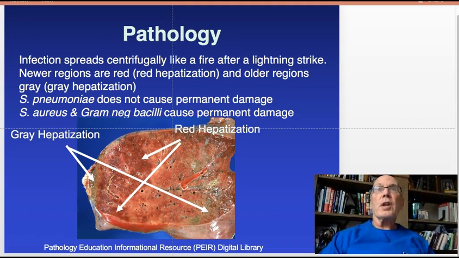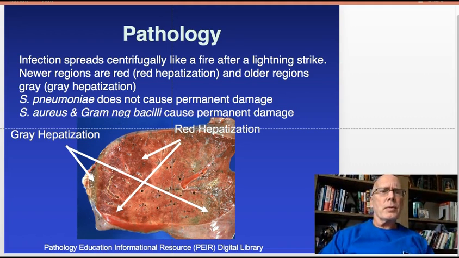New regions of infection appear red, termed red hepatization, due to the infiltration of white cells and red cells. Older regions appear gray hepatization, as the macrophages enter and clean up the red cells. Strep pneumoniae does not contain proteases and therefore does not cause permanent pulmonary tissue damage, while Staph aureus and gram-negative bacilli produce proteases that break down tissue and cause permanent damage.